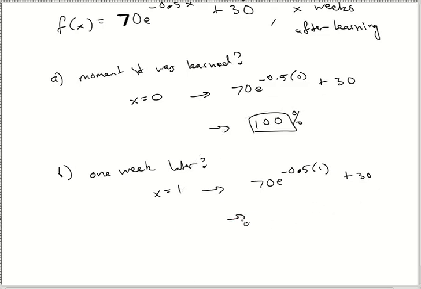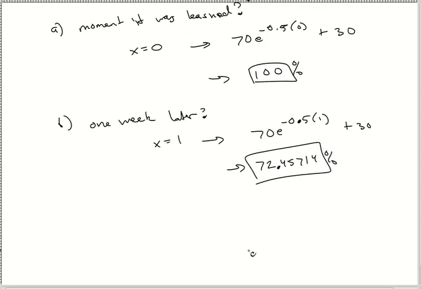Anyways, I plugged that whole thing in, and I got 72.45714%. So 72% of folks remember what they were taught 1 week later. Now, you would say that's still a majority, I guess. A fair amount of people have already forgotten just a week later. I guess that even includes me sometimes.